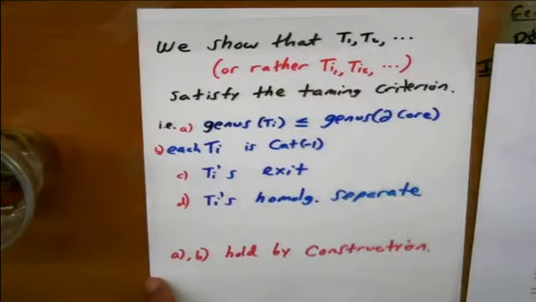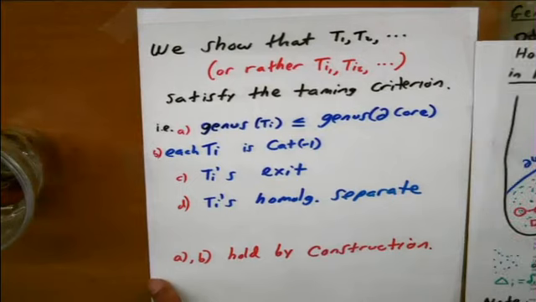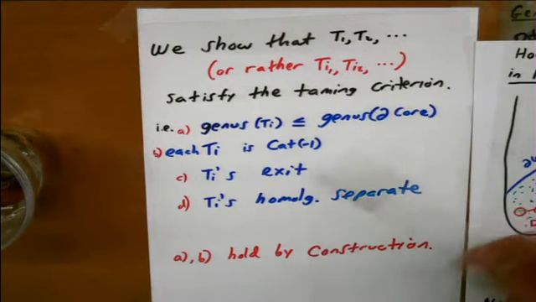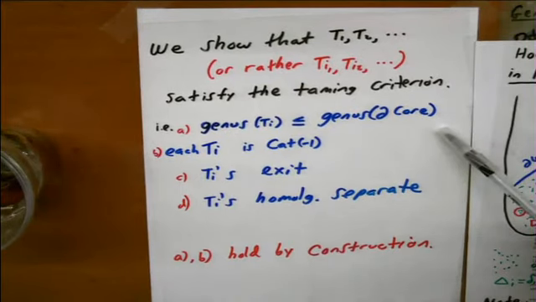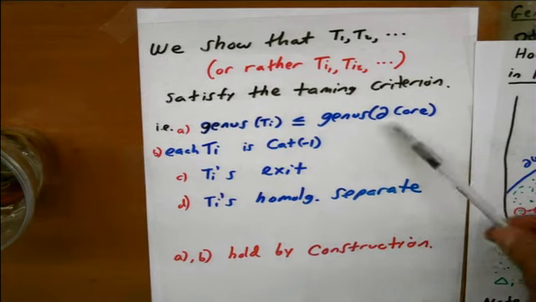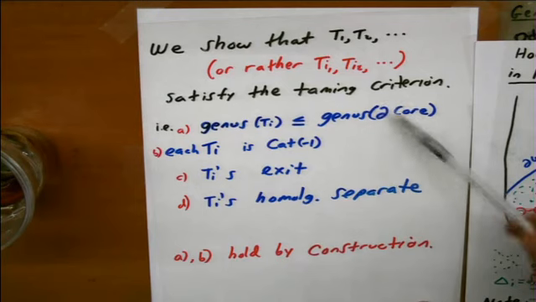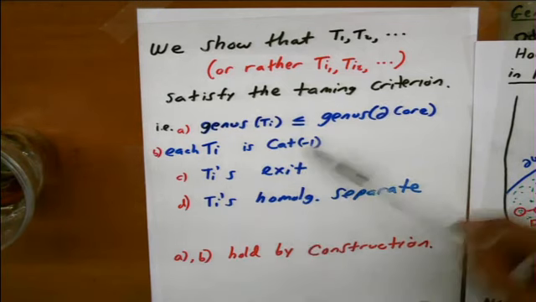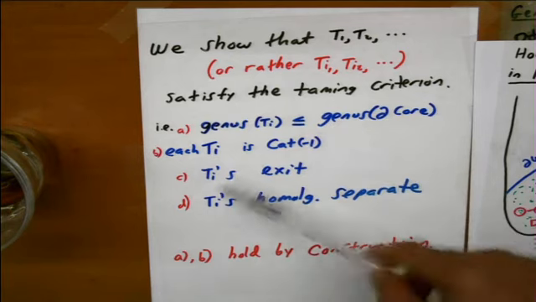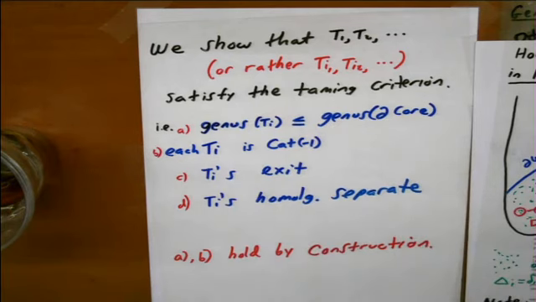So there's 2 main things. Here are the 4 things you need to know for the tameness criterion. The genus bound and the CAT(-1) were by construction, but exiting and homologically separating are the issues.